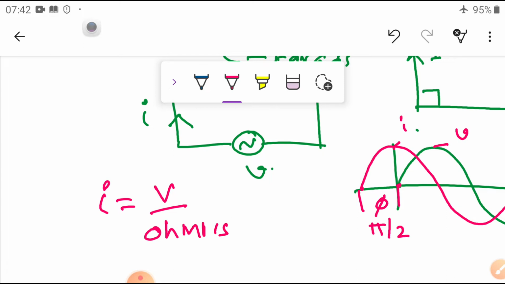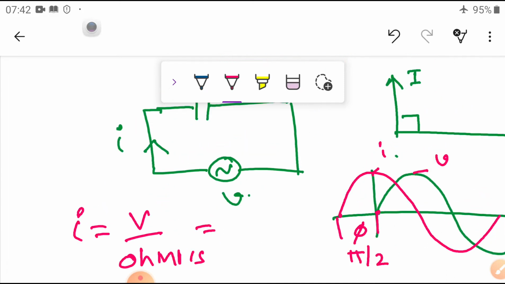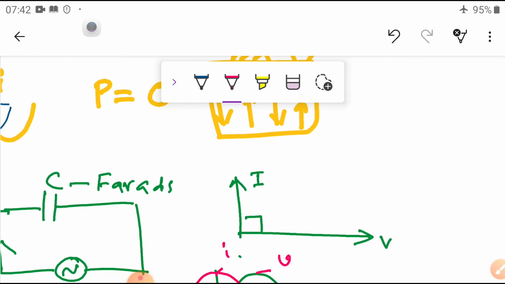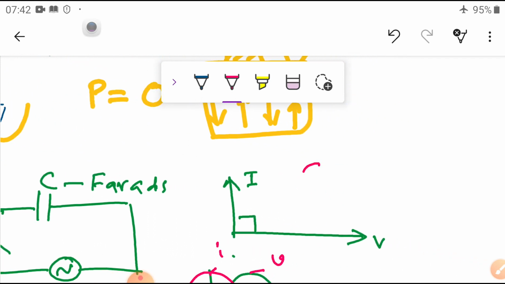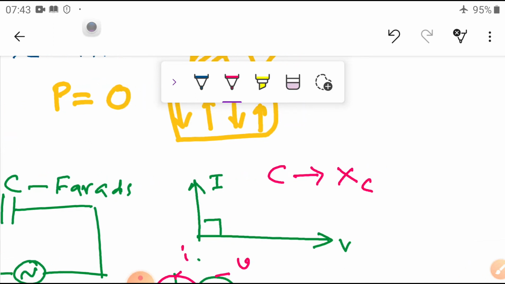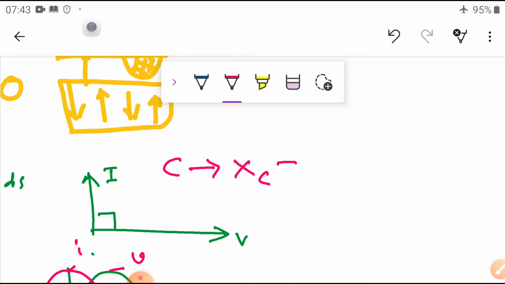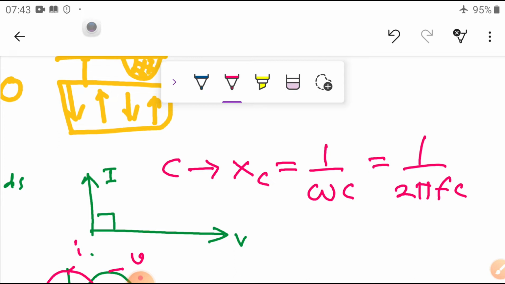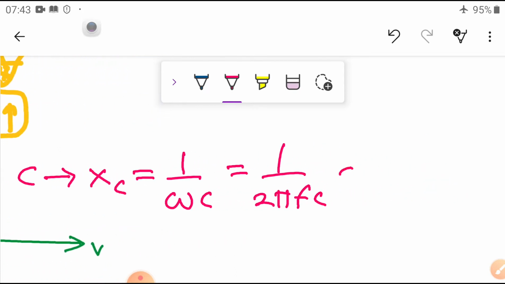Here C is given, C in farads, so we have to make it XC. How are we going to make the XC? XC is equal to 1 by omega C. What is omega C? 1 by 2 pi f C. Then it is converted into an ohmic value.